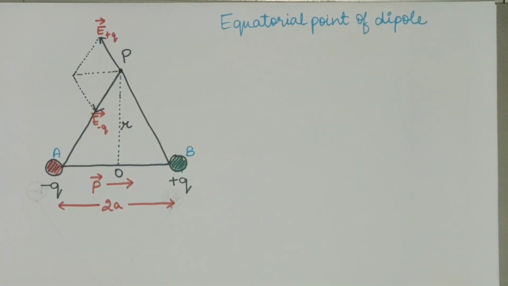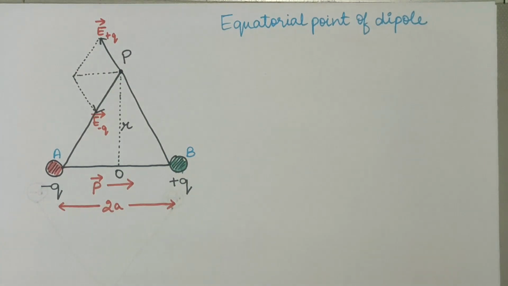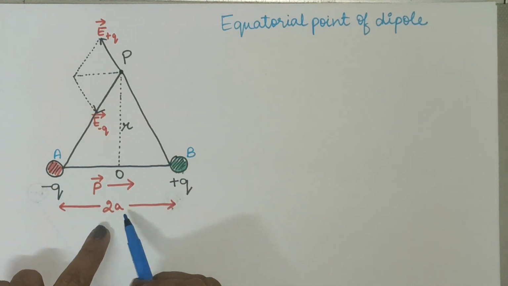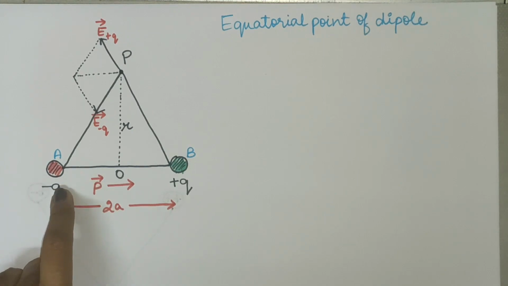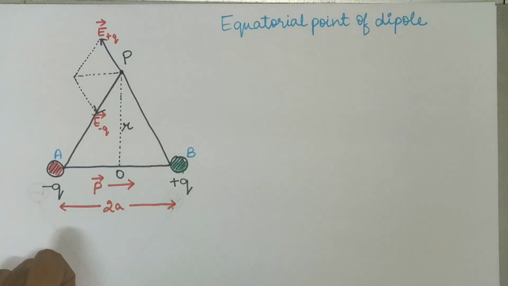Now dear students, for understanding the derivation, first of all let's try to understand the diagram. I have a system of two charges, minus q and plus q. Let the separation between them be represented by 2a. Since the dipole moment P vector is from the direction of minus q to plus q, I have pointed it towards the right.